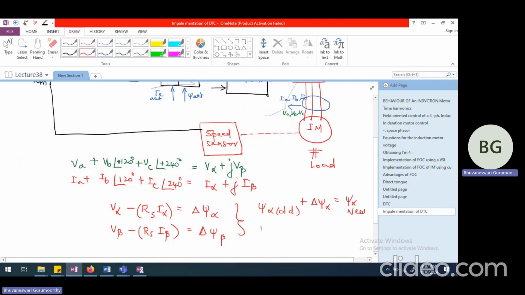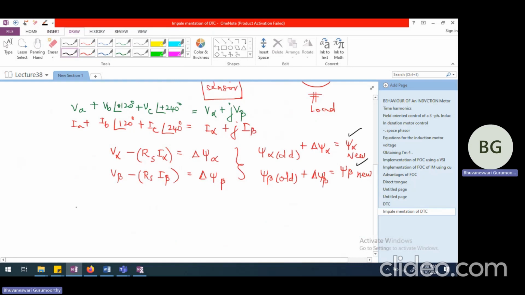The same way, psi beta old plus delta psi beta will give me the new value of psi beta. Now that I have psi alpha new and psi beta new, I should be able to say psi alpha new the whole square plus psi beta new the whole square.